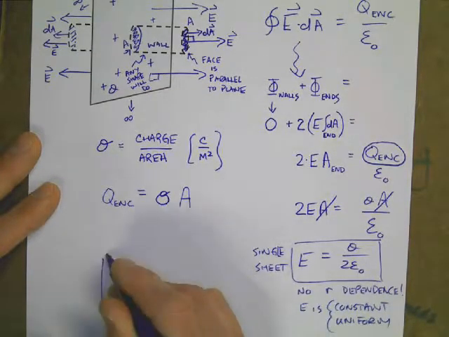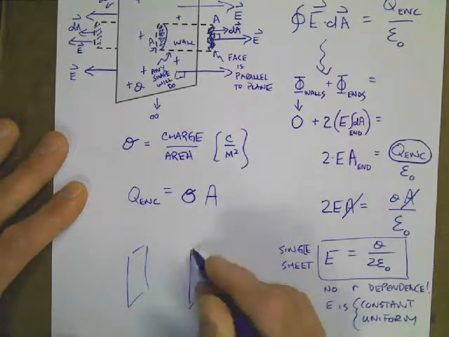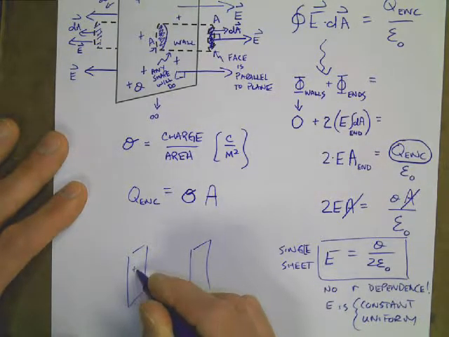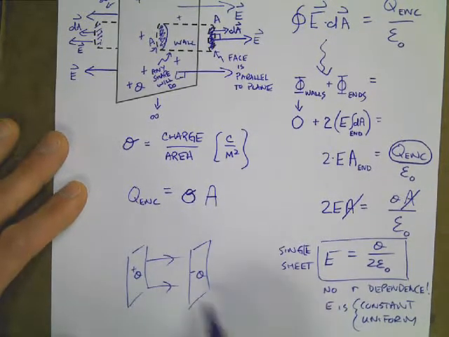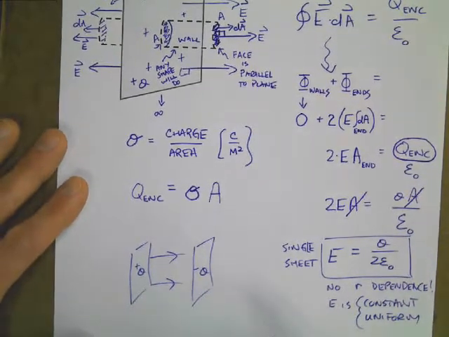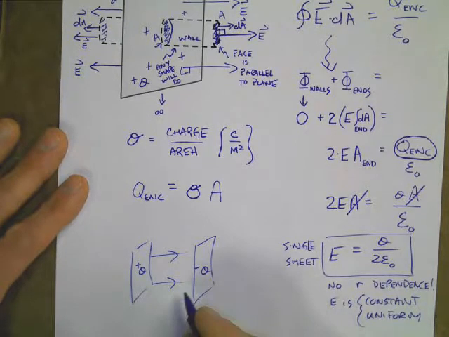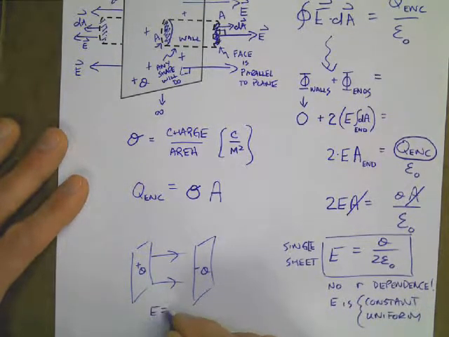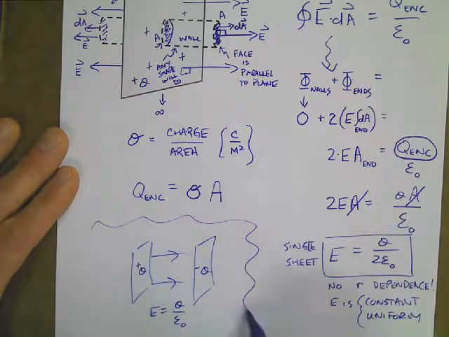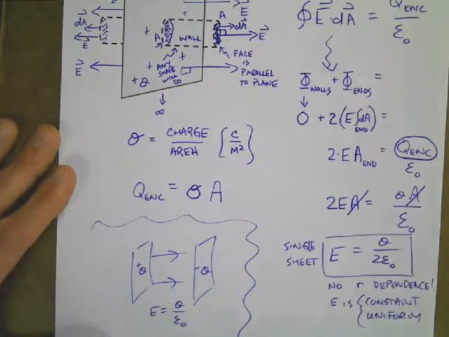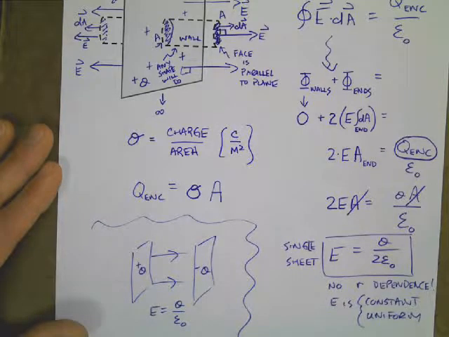And again, if you have two sheets which are oppositely charged, so plus sigma, minus sigma, that gives you a field which is actually twice the strength because you have to use superposition there. So in this case, the electric field would be sigma over epsilon naught. And we talked about that before, but these two fields combined their strengths.